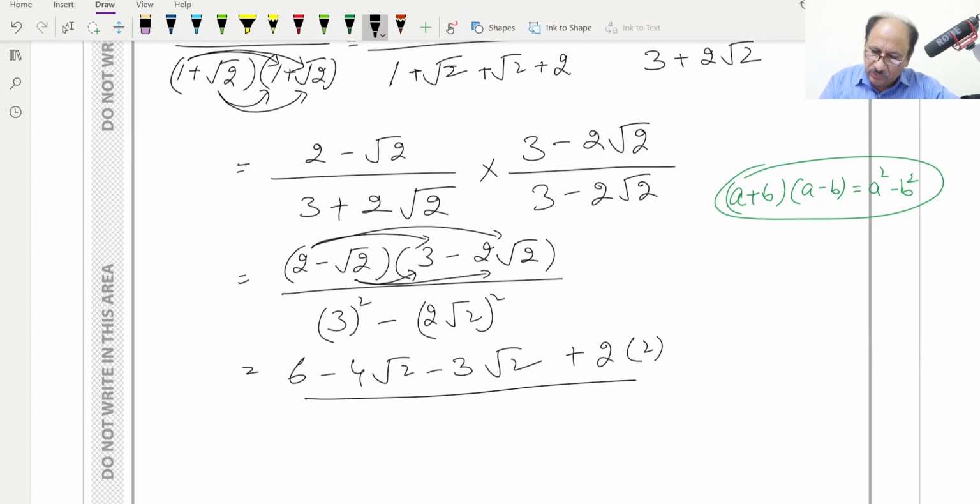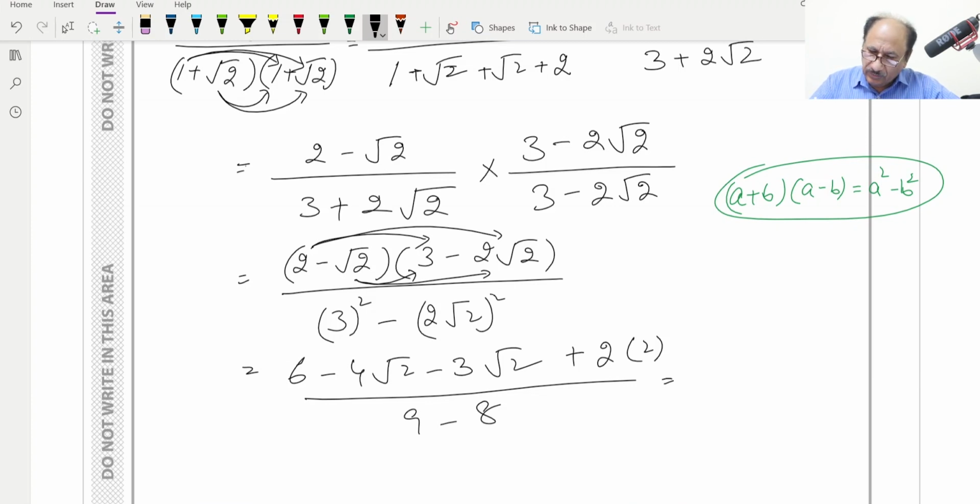Over it will be 9 minus (2 under root 2) squared, which will be 8. You can check by calculator also, but we have to show working, so it is better to use this method.